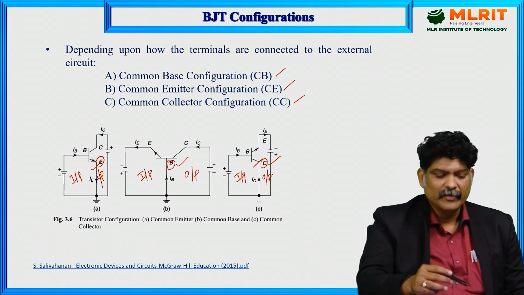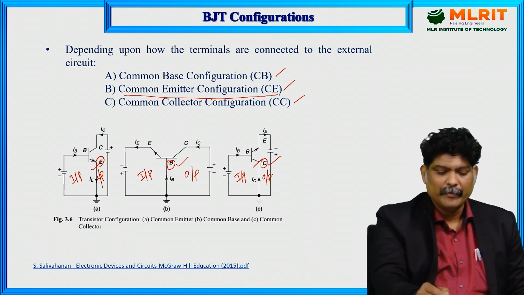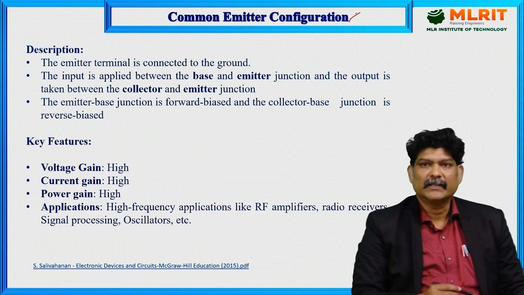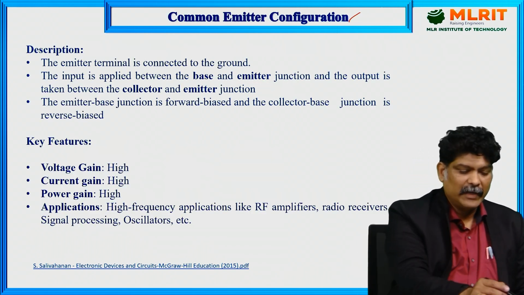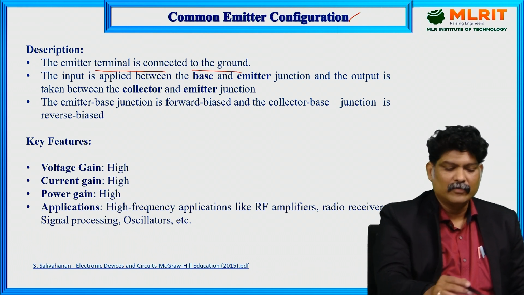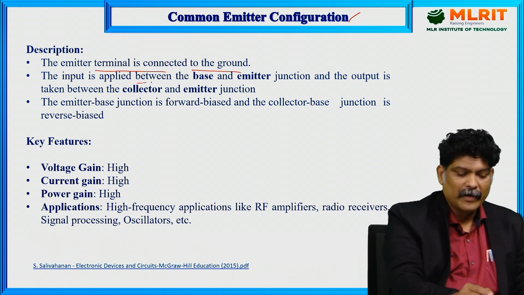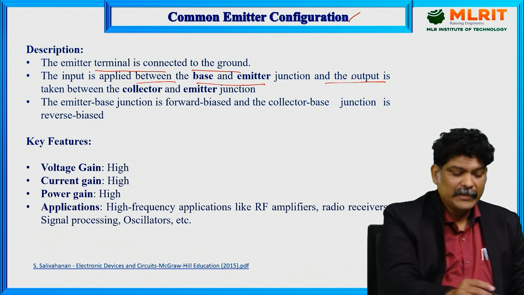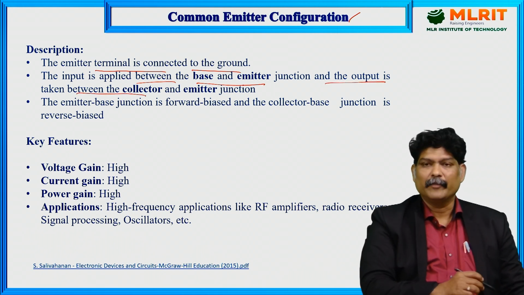So these are the 3 different configurations. Today we are going to focus on the common emitter configuration. Let us see the description. The emitter terminal is connected to the ground, the input is applied between the base and emitter junction, and the output is taken between the collector and emitter junction.